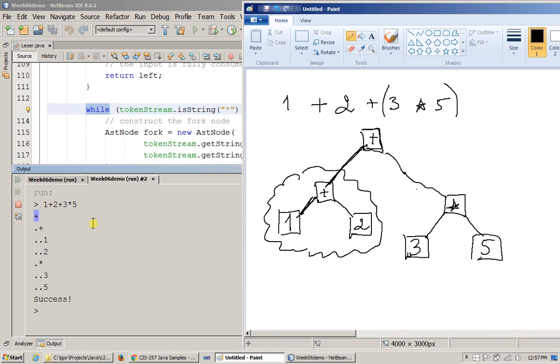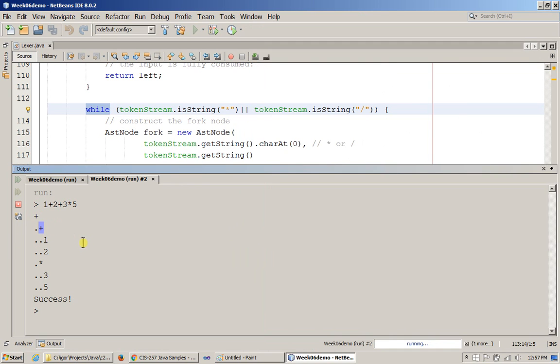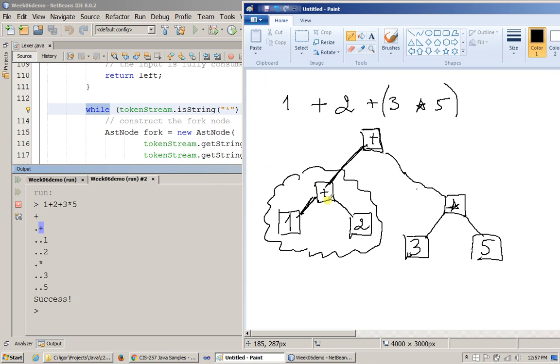Okay, so then we have another plus, and apparently the way I print the internal tree of these nodes is that this plus is representing the left-hand side, this plus, right? And naturally, this plus has 1 and 2, the left-hand side and right-hand side. Then we have multiplication, which represents this node.